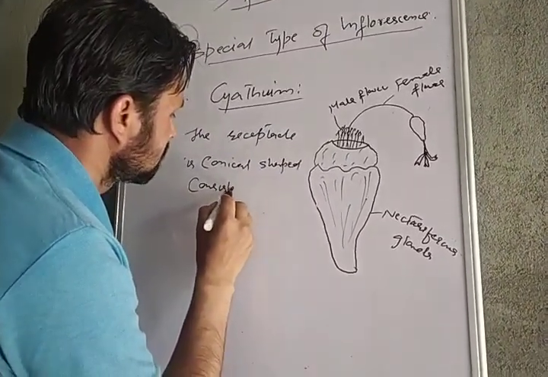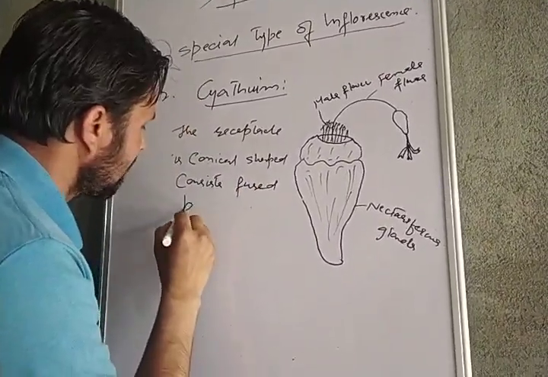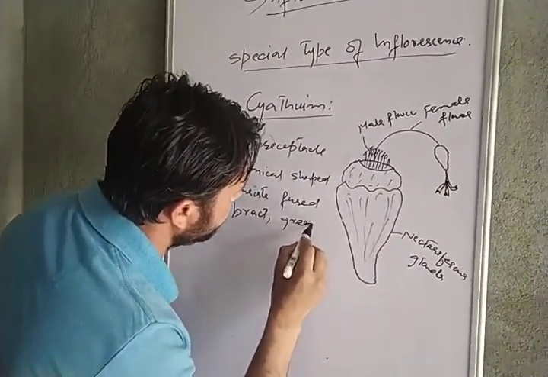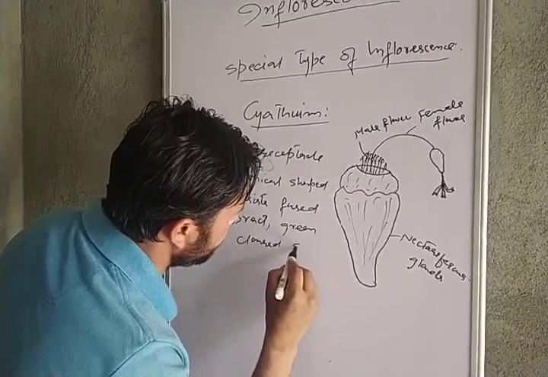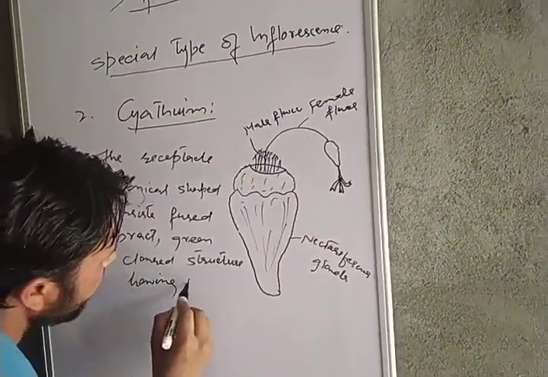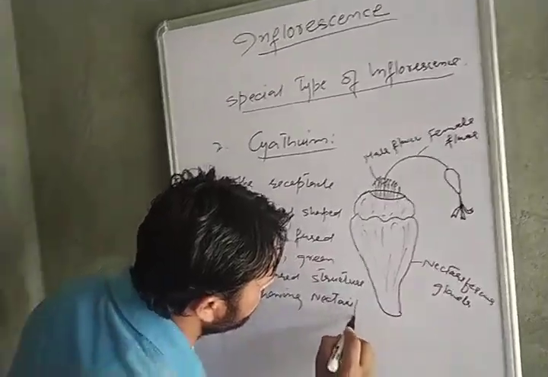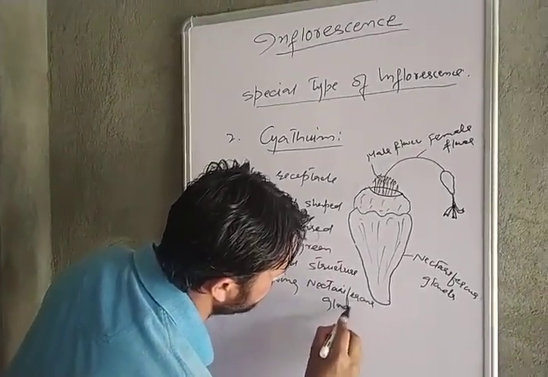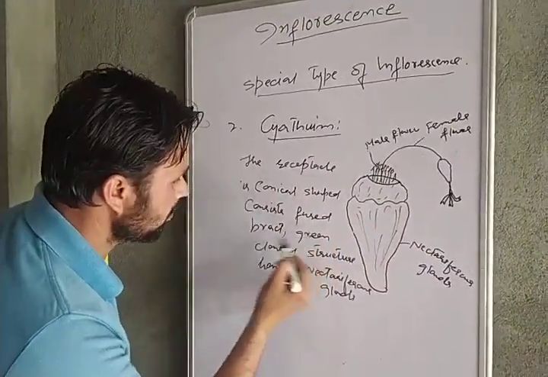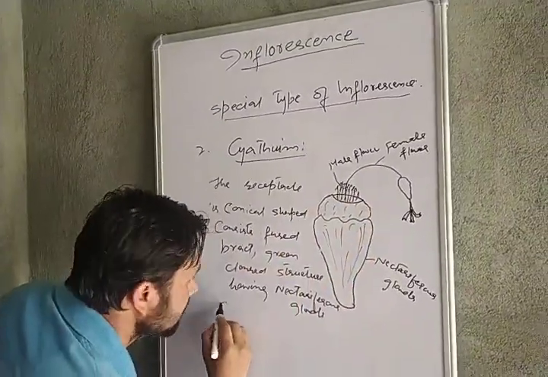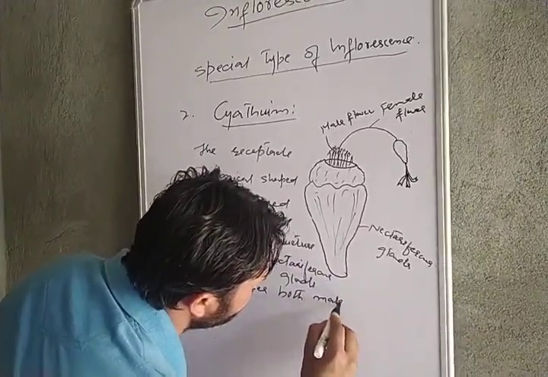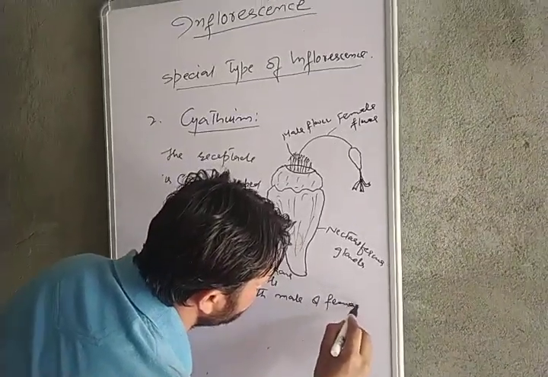Consists of a fused bracket-like, green colored structure having nectariferous glands, and possesses both male and female flowers.